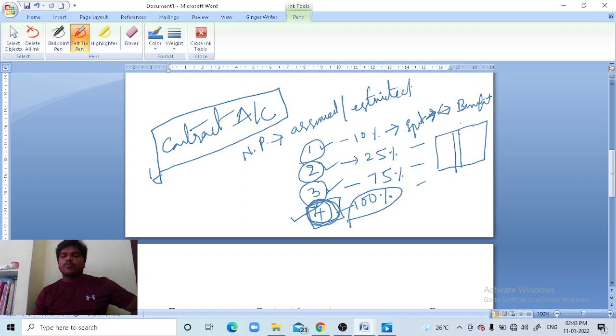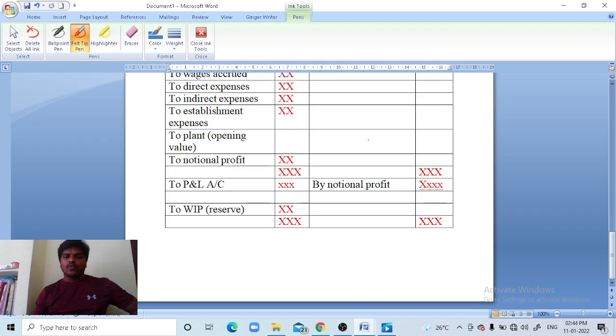The contract account pro forma is like this: debit, credit, with particulars and rupees on each side. This is the pro forma which I am going to explain to you in detail. So look here.